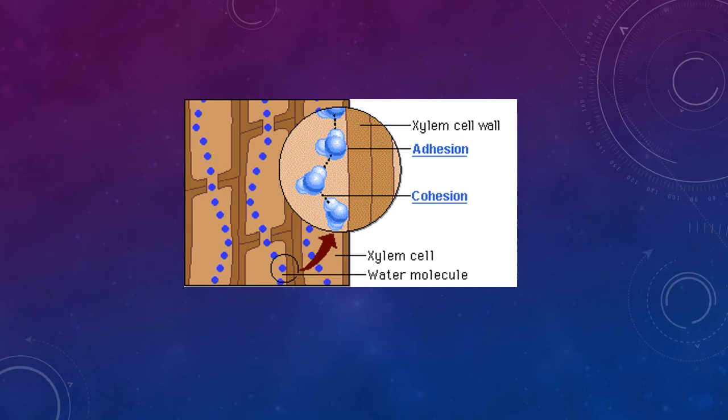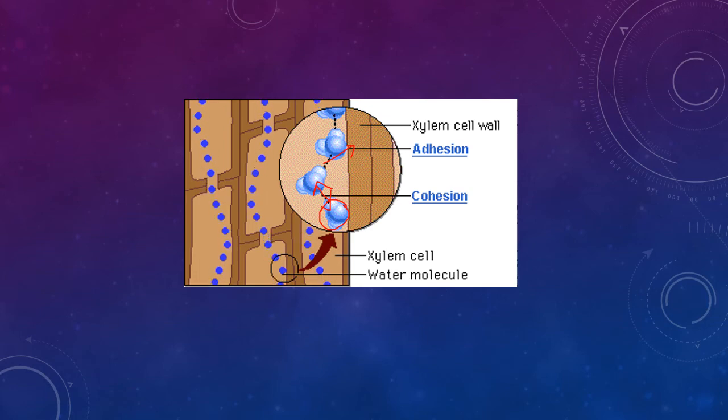Each water molecule sticks to every other molecule because of cohesion. In addition to that, each water molecule can stick to the sides of those tracheids, which are pretty small, based on adhesive bonds.